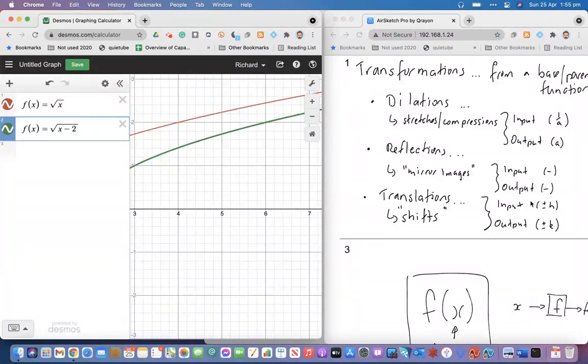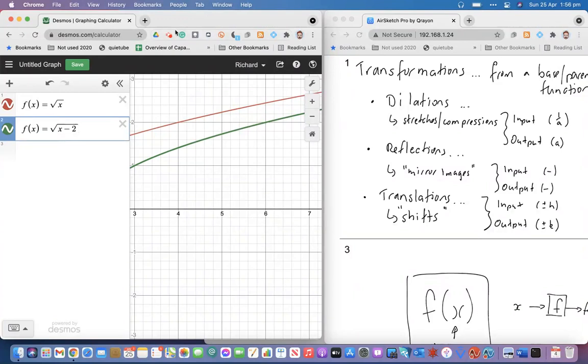Subtracting a value from x in the input actually makes the graph shift right, or the scale factor for an input value is 1 over whatever the number is in front of x because of the way it compresses or stretches. So just make sure, particularly when you're dealing with input values, that you are getting it right in terms of the effect.